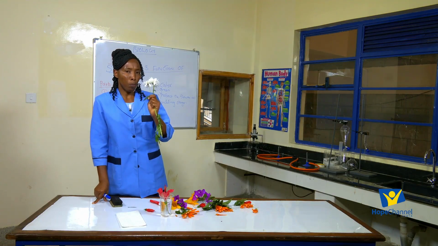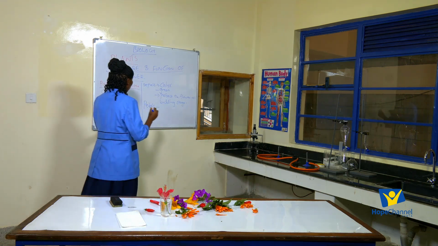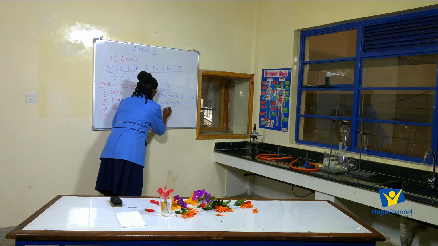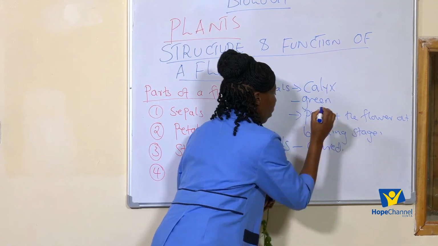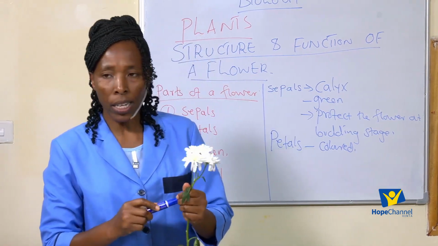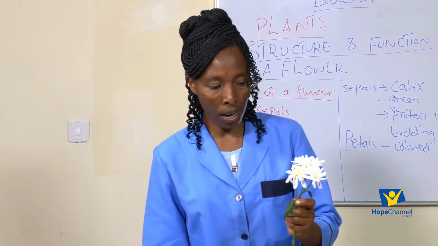Most insect-pollinated flowers, the petals are colored. So usually we say the petals are usually colored. Why do you think these petals are colored? Now, let's first identify the petals before we confirm that they are colored.